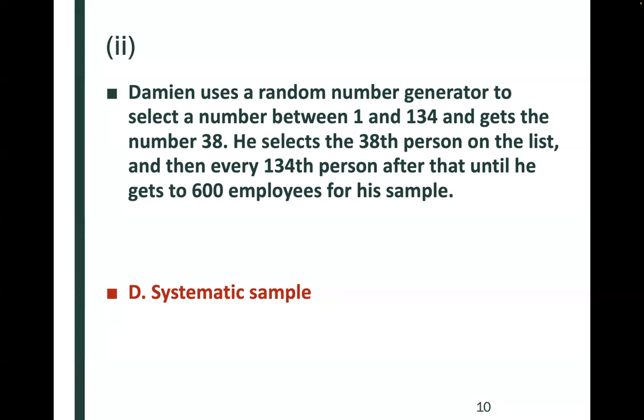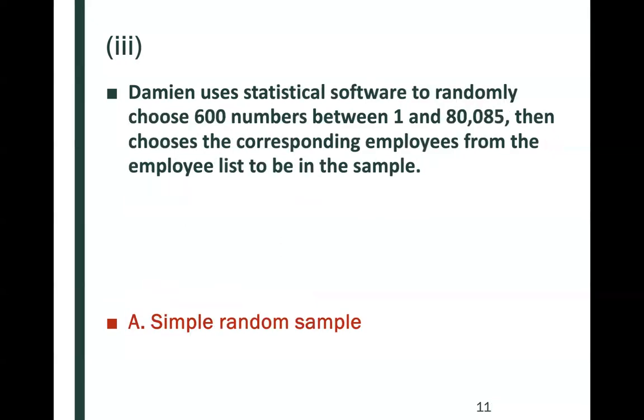So here, the random number he first got was 38, so he selects the 38th person on the list. Then every kth person, in this example, it's 134th person after that. So here it's very systematic, so it's a systematic sample.